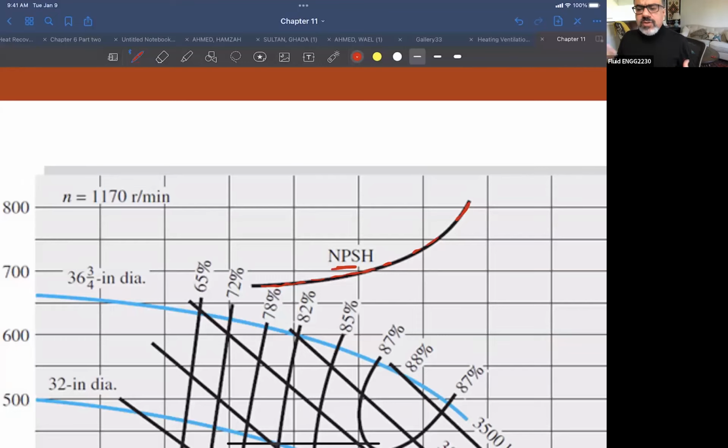So you have to make sure that whatever is available in the system is higher than what is required by the pump. So the system has higher pressure than what is needed to evaporate the fluid at the inlet of the pump. That's why this net positive suction head criterion is very important to check when you are selecting the pump. Okay.